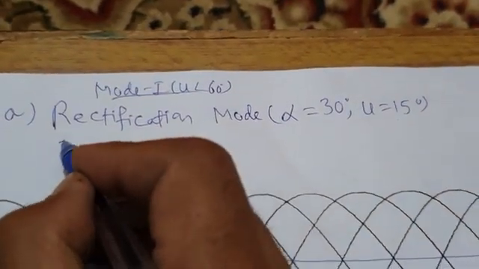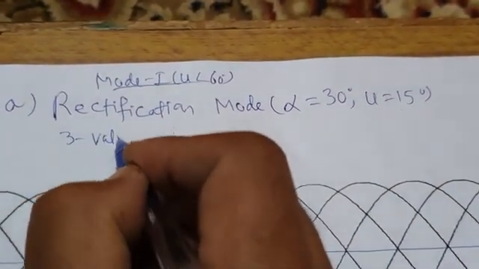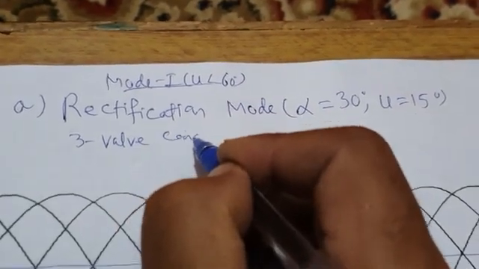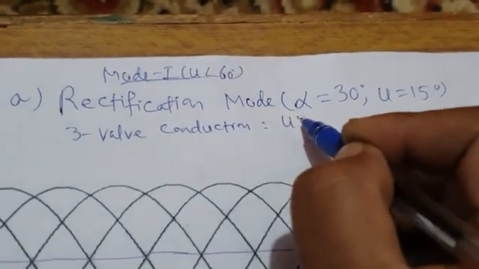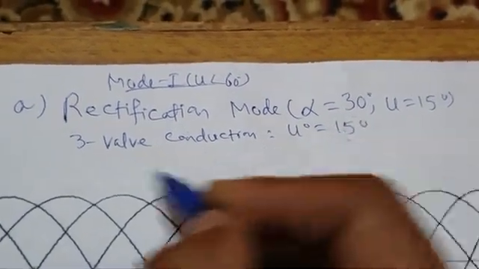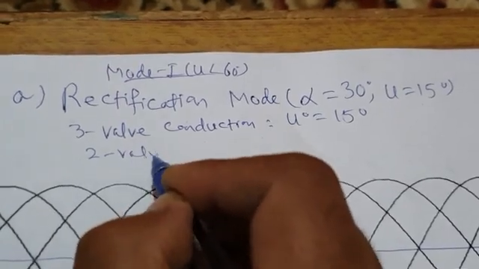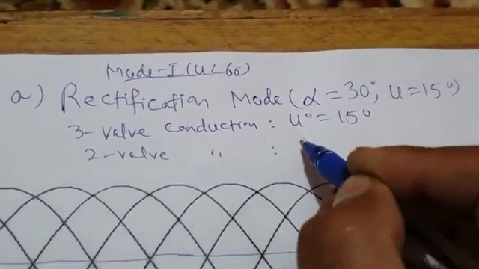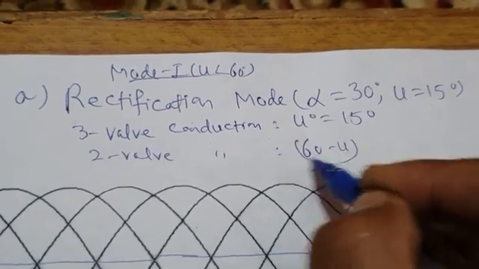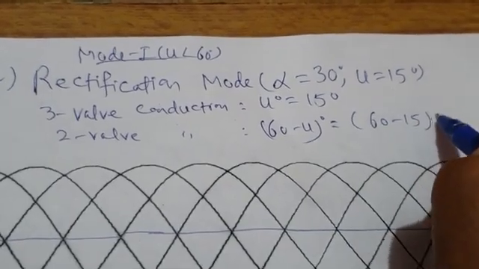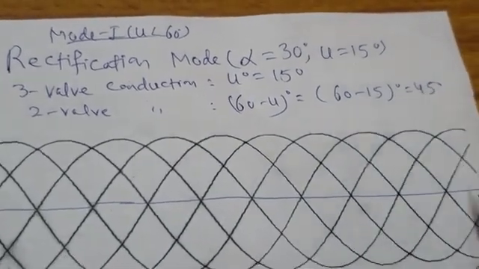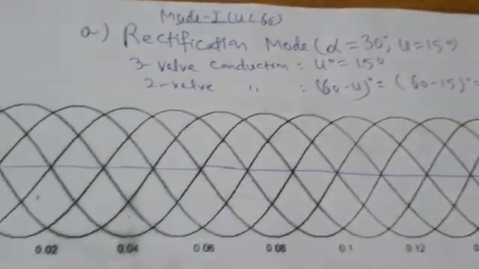So therefore 3 valve conduction will be there for u degrees, and u in this case is 15 degrees, and 2 valve conduction will be there for 60 minus u degrees, that is 60 minus 15 degrees, that is 45 degrees. This we have already established.